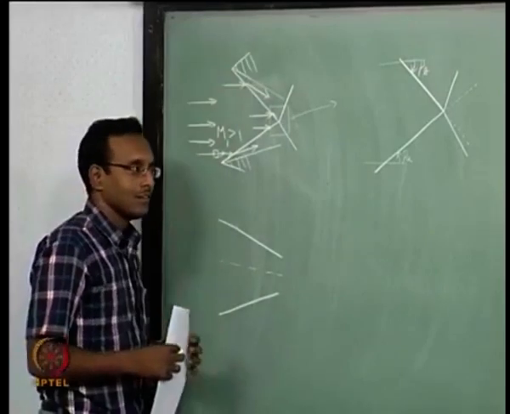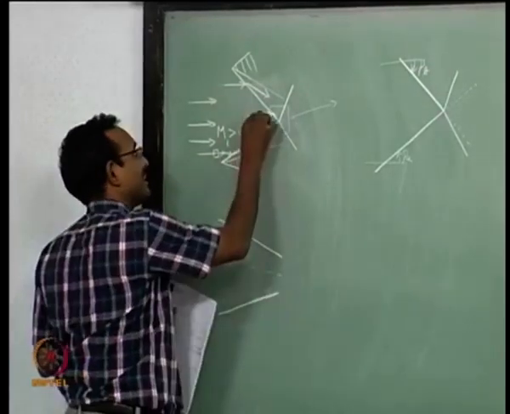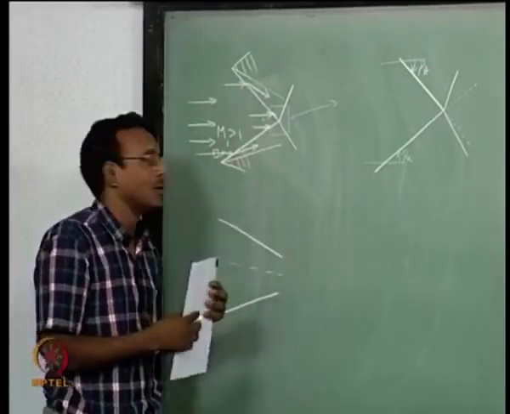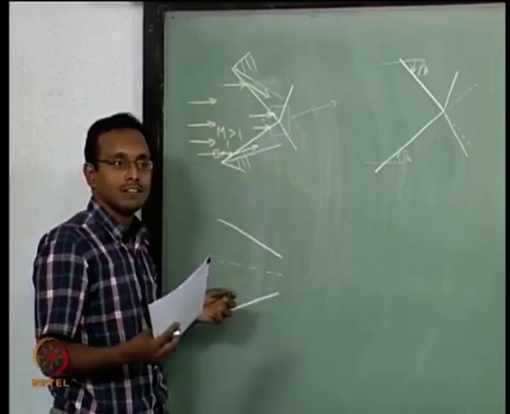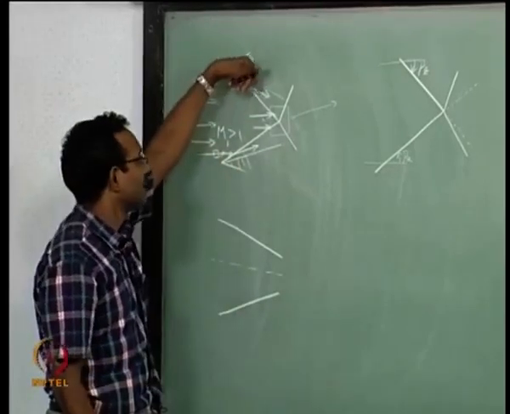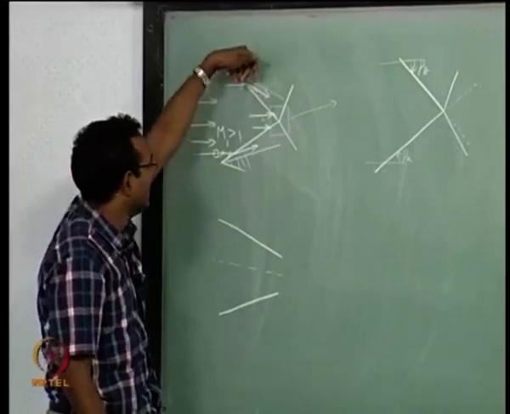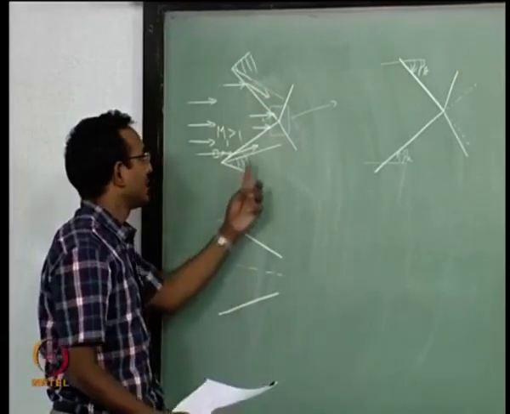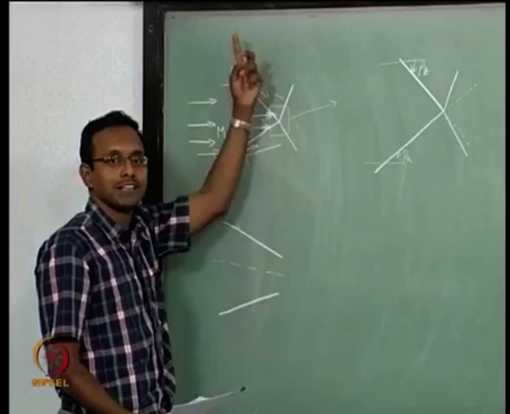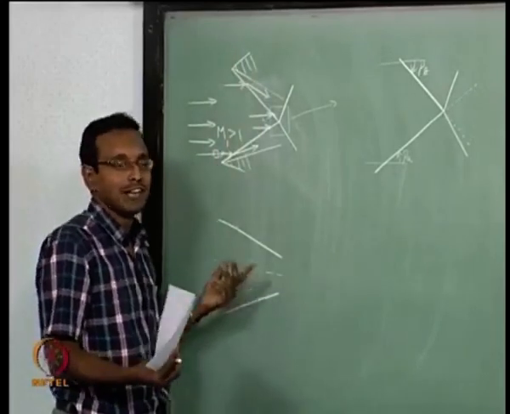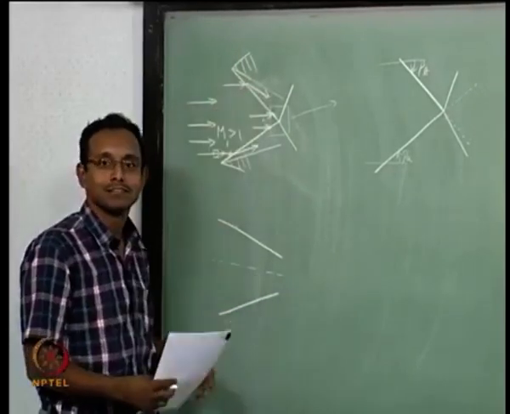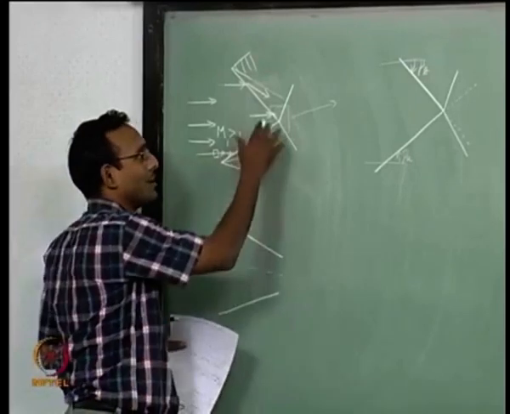Say I am the fluid element going straight along in the center. One side the shock is coming and telling me run with 200 meters per second this way. The other shock is telling me go 150 meters per second that way. What will I do essentially? I will go with 50 meters per second this way finally. So that is the overall effect.